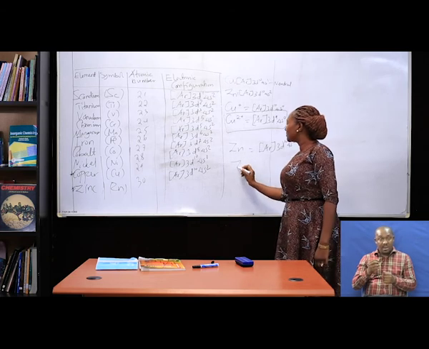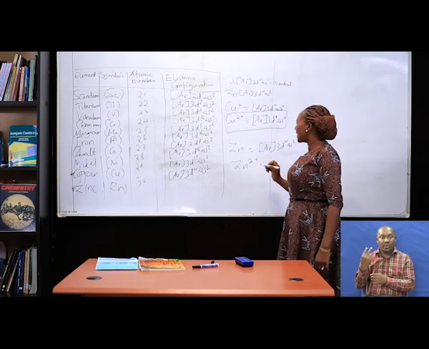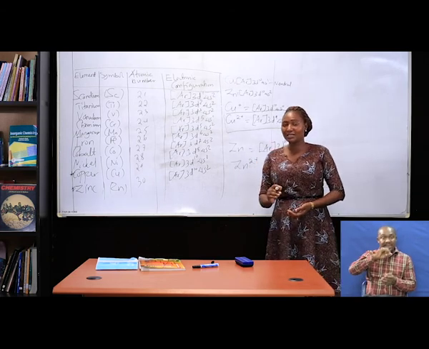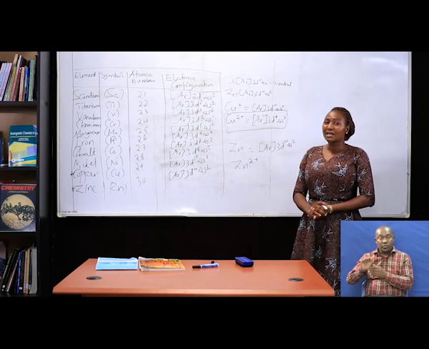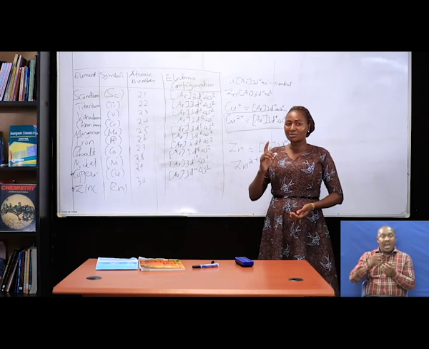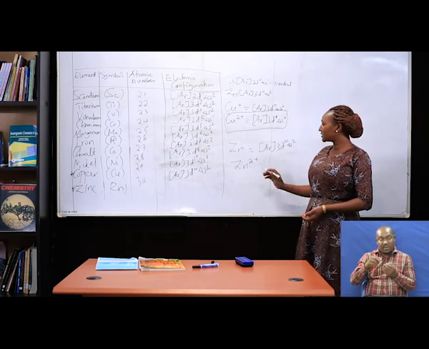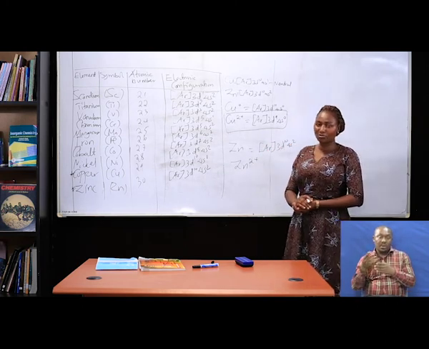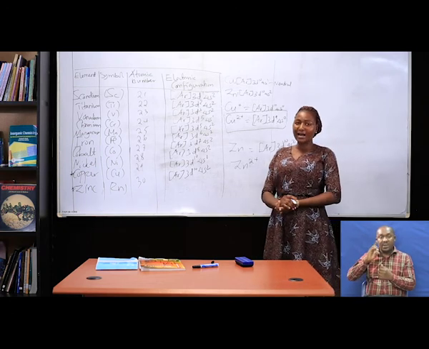Therefore, when it forms compounds, it forms ions which exist in only one oxidation state, which is 2. So we have only the zinc 2 ion.